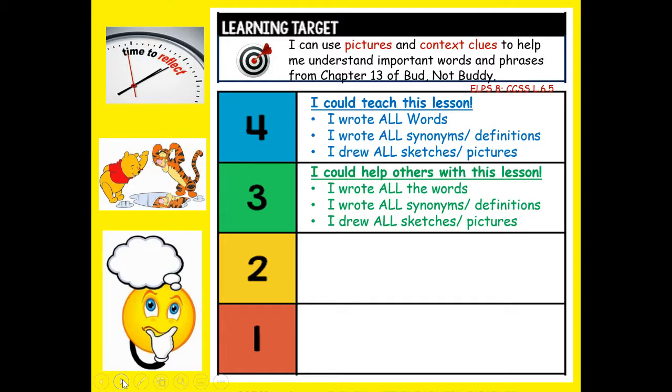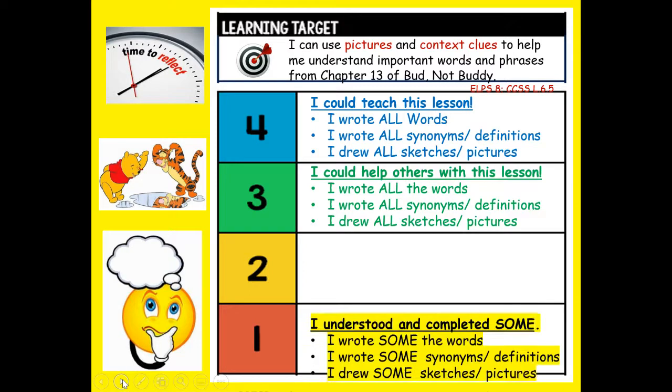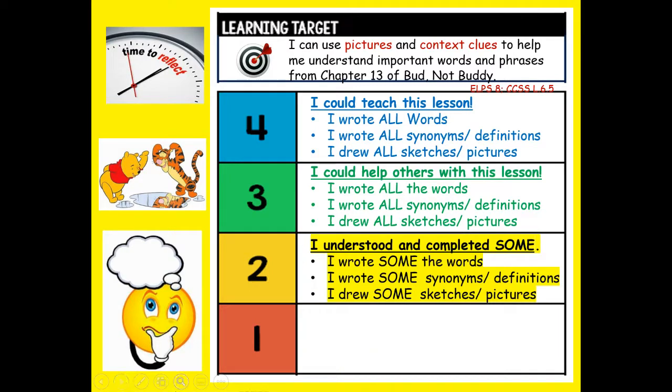Or instead of I could teach this lesson, 3 would be I could help others with this lesson. And you still wrote all the words, you wrote all the synonyms, and you drew all the sketches, but it's not to the point where you could teach this lesson. Then number 2, if you give yourself a 2, I understood and completed some.